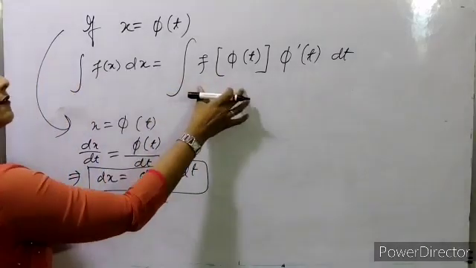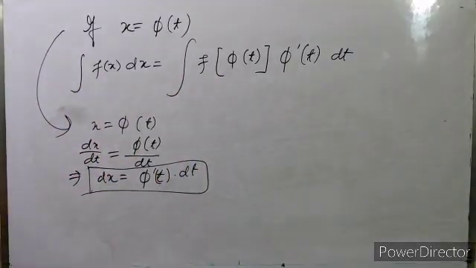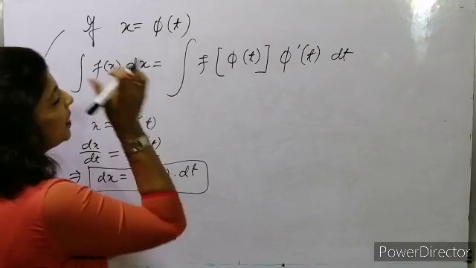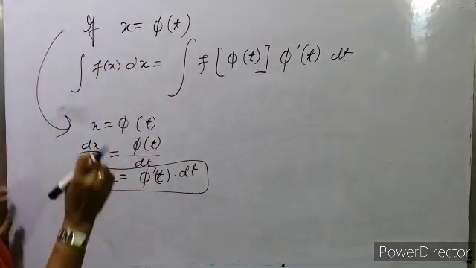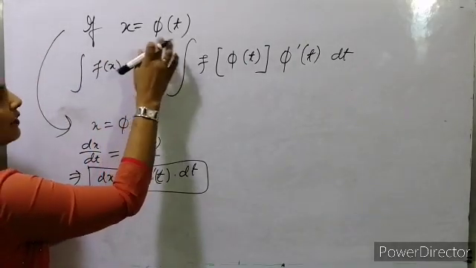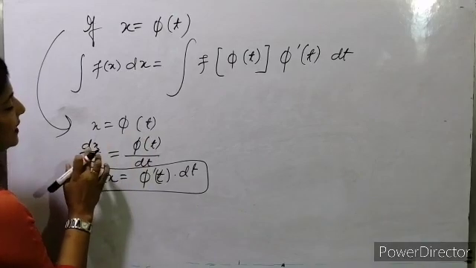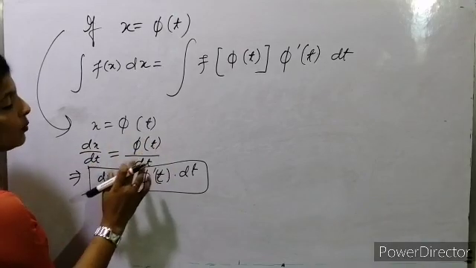Then f(x) will become f(phi t), and how can we find out dx? So x is equal to phi t, so in that case dx upon dt will be equal to d(phi t) upon dt.